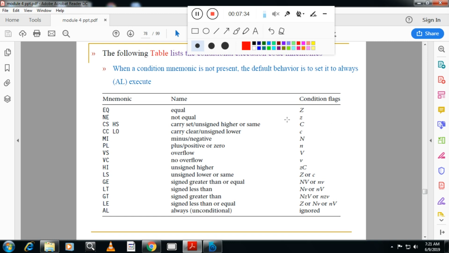So from the exam point of view, please remember some examples like equal, not equal, then try to remember less than, greater than, signed greater than, signed less than, unsigned lower or same, unsigned higher. At least 5 to 6 conditions you have to remember from the exam point of view.